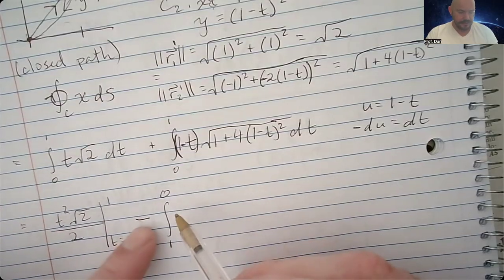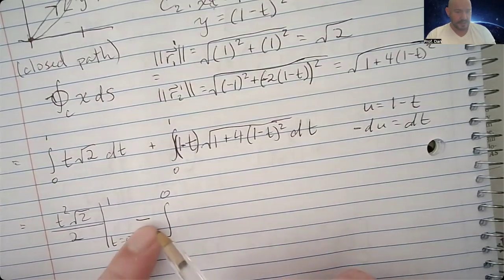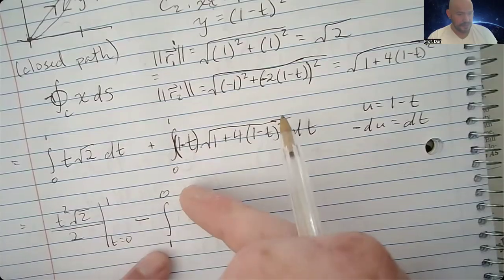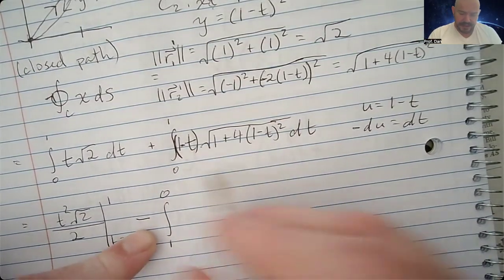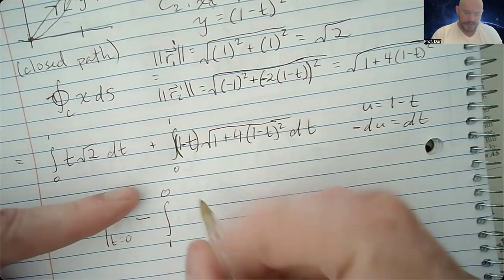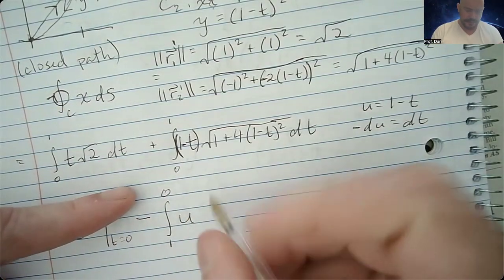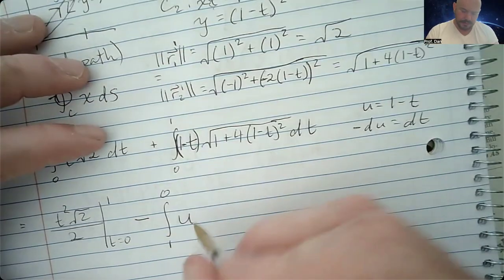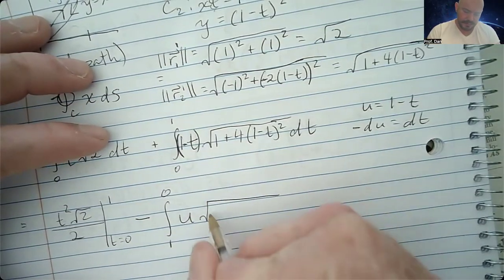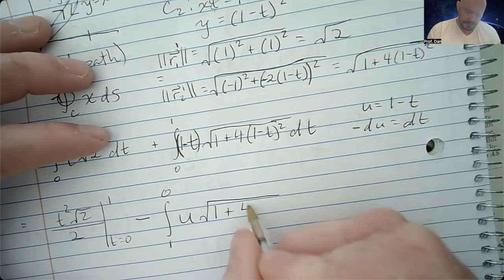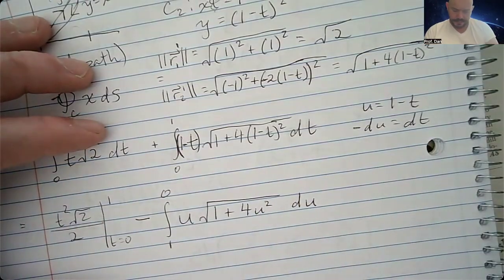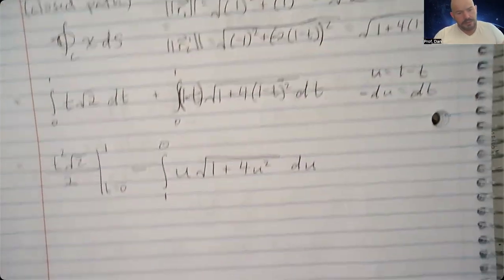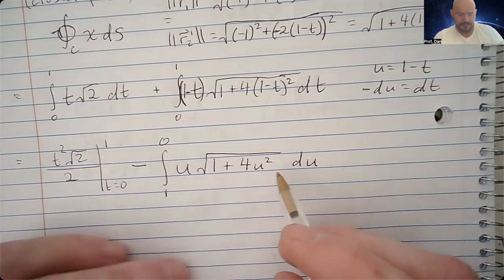So now it's not really that big a deal that that's negative, because I can just switch these and change that to positive. And then anywhere that I see 1 minus t, I can replace that with a u.